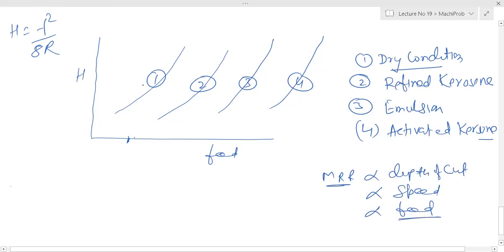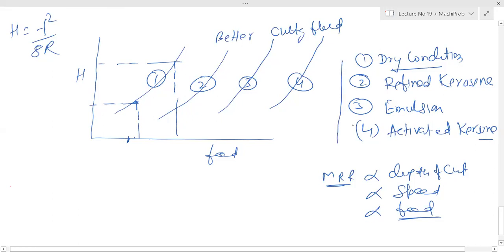When you apply more feed, your average surface roughness increases for this graph. But when you use a better cutting fluid, this is the best one, this is an emulsion, then refined. So this graph shifts right. So you can machine at a higher feed. That is the point here.